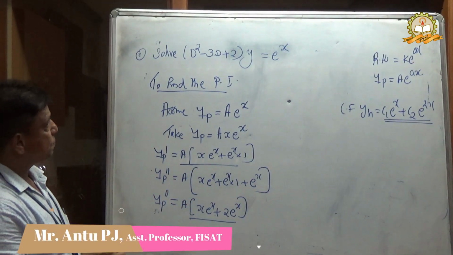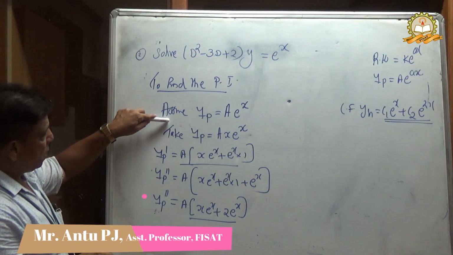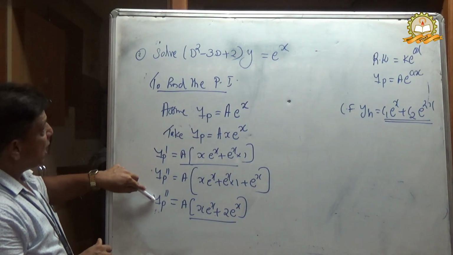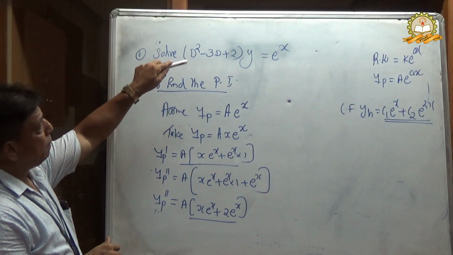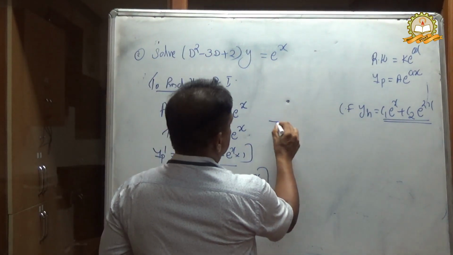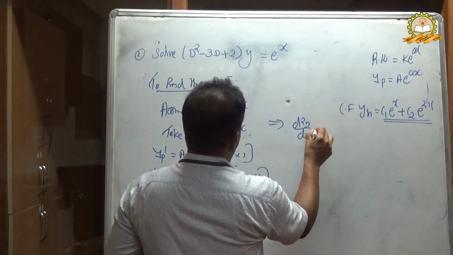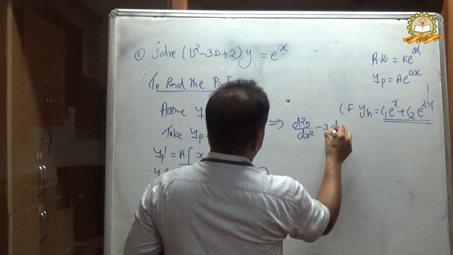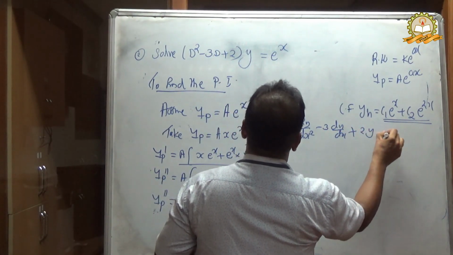This is yp, this is yp dash, yp double dash. Then we substitute yp dash, yp double dash in the given problem. The given problem is (D square minus 3D plus 2) of y is equal to e raised to x. That means d square y by dx square minus 3 into dy by dx plus 2 into y is equal to e raised to x.